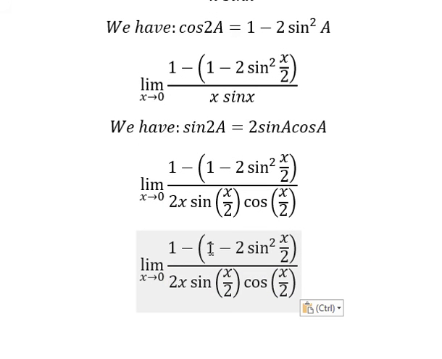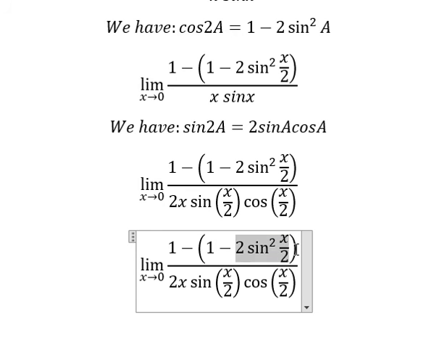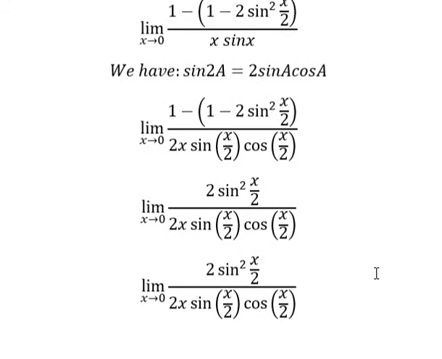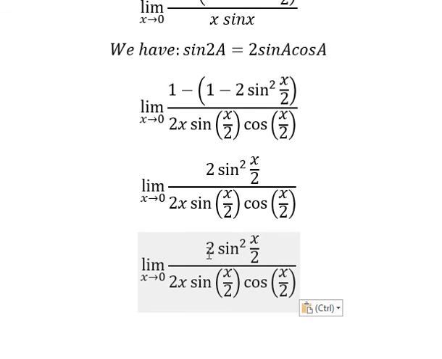So 1 minus 1, we cancel negative and negative. We can change the sign. And now we can simplify 2 sine of s over 2 on numerator and denominator.